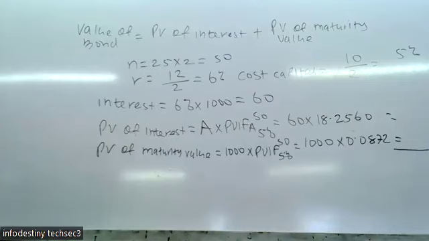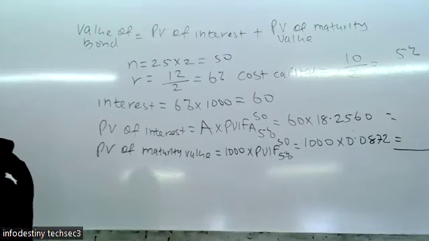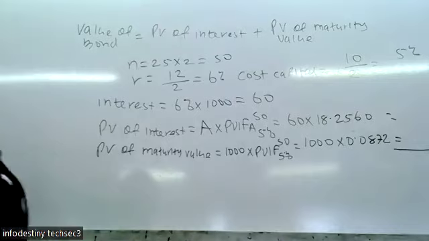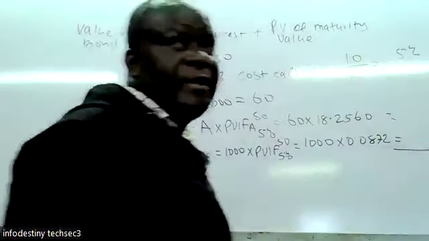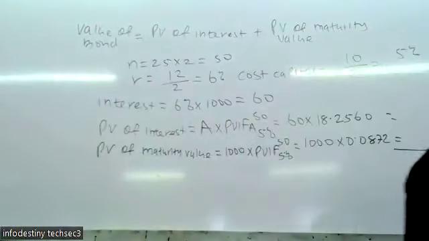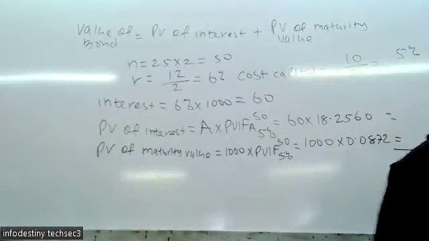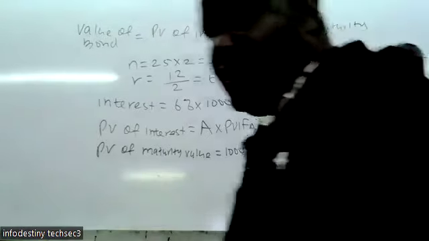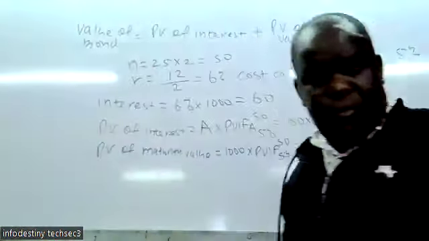You have seen the 60. Yeah, interest is 60 shillings, because it is paid semi-annually. We took 12% divided by 2 to get the 6%. So that is now your Roman letter 1, the current price of the bond, or simply the value of the bond. So we go to the Roman letter 2.